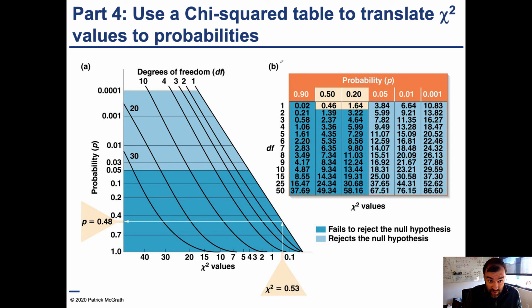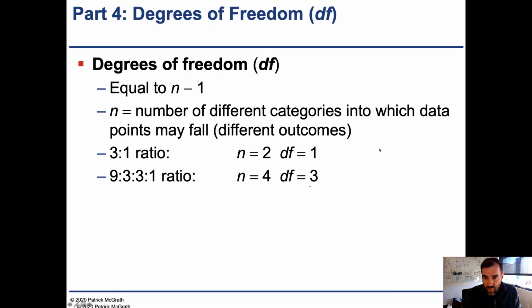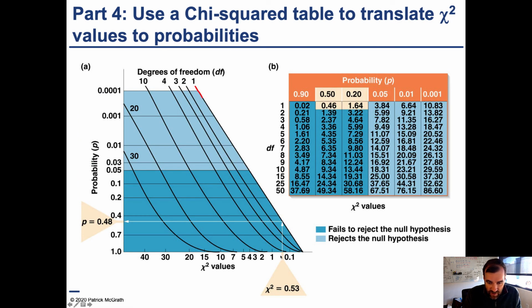So this is a table of the values, and this is a graphical depiction of it. You can, for example, follow this line, which is the line for the degrees of freedom. We calculated 0.48.